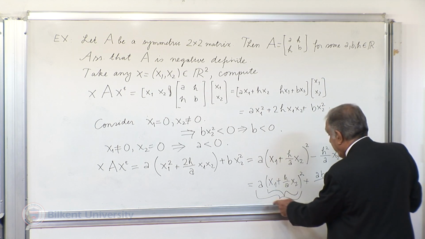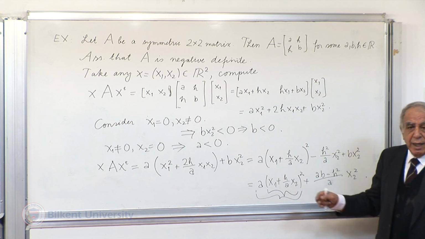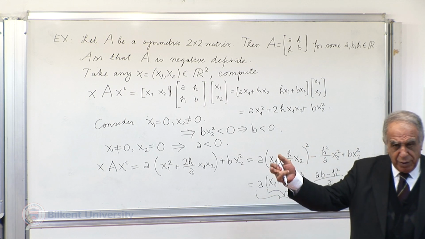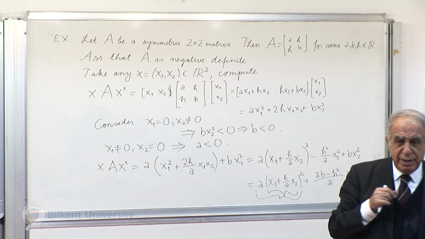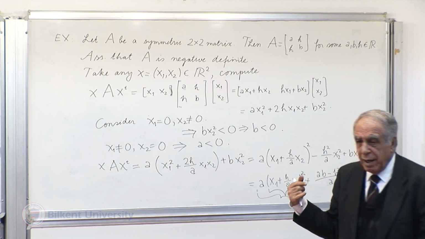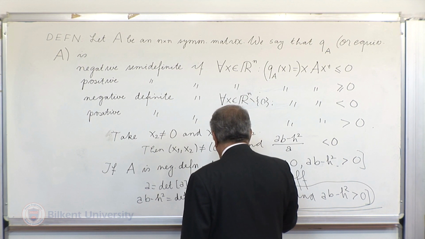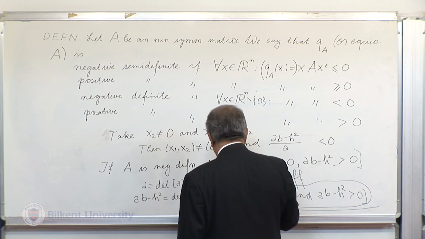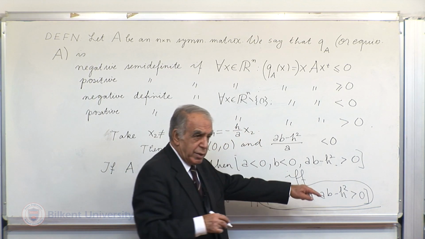So if this whole expression is 0, then we have shown that x1, x2 has to be 0. Well, if x1, x2 is different than the 0 vector, and this is less than or equal to 0, this will be negative. So in fact, we have shown that A is negative definite if and only if this holds.